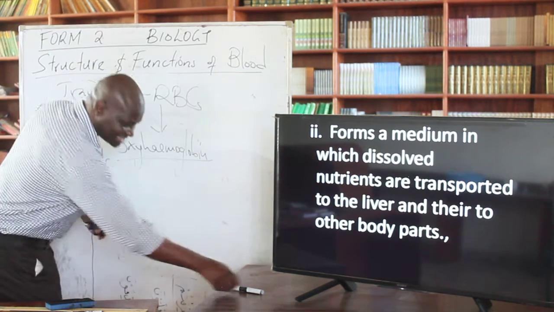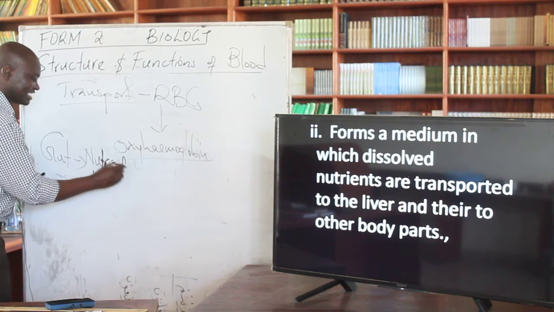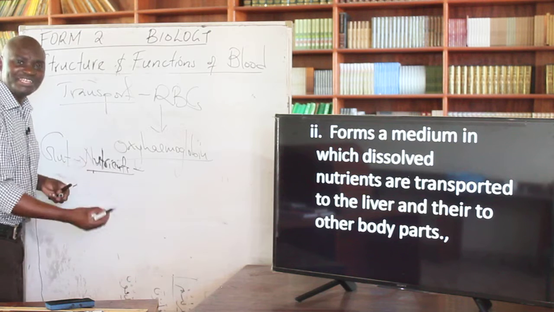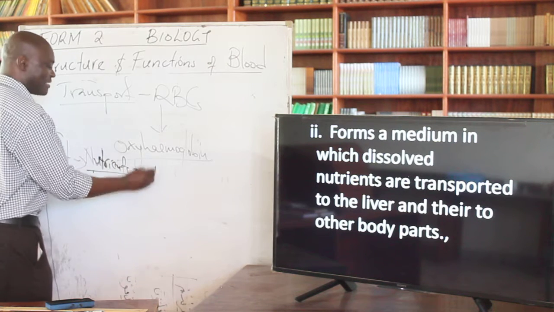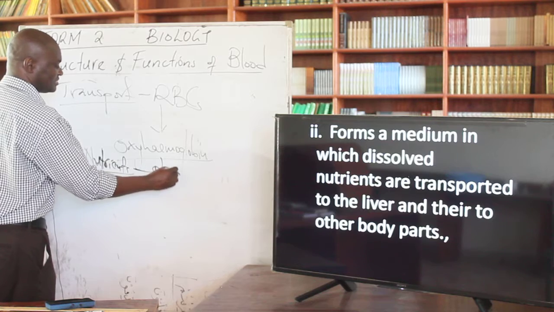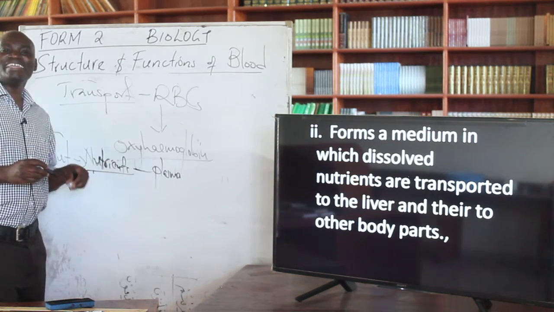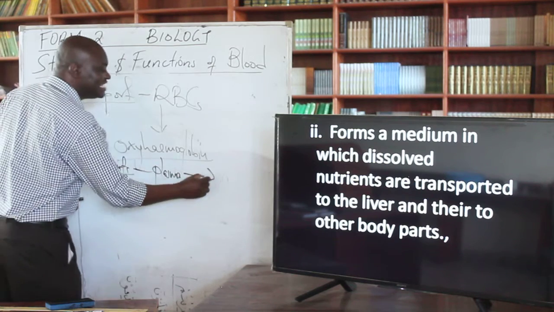These nutrients, we have said they are absorbed into the blood, where they dissolve in the plasma. And through the plasma, in solution form, they are carried to the liver.